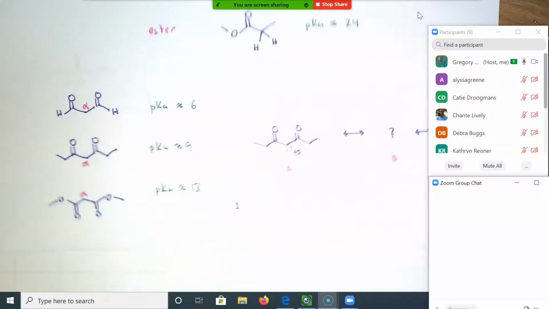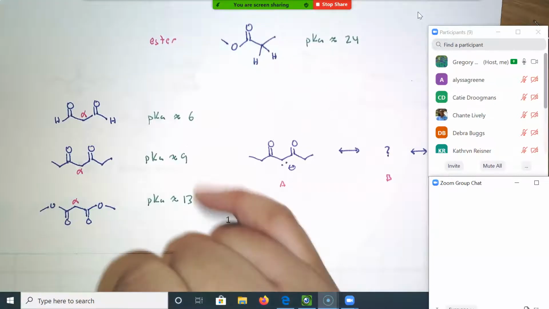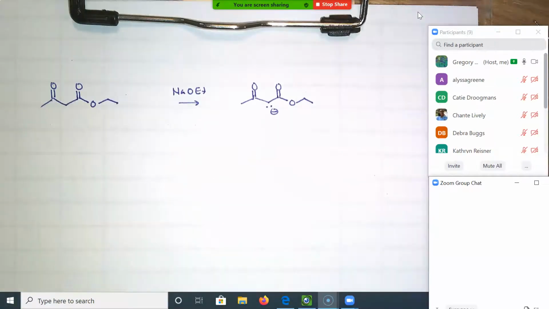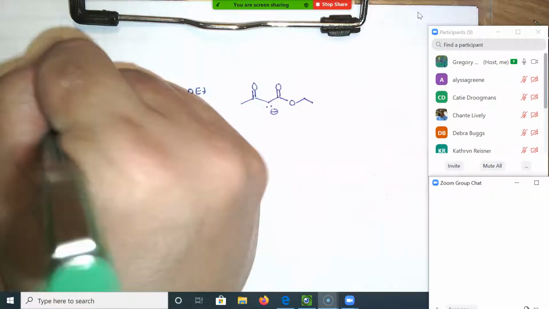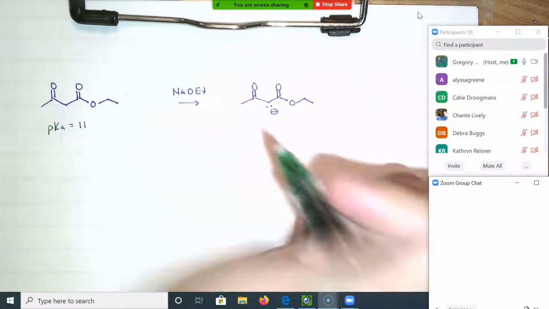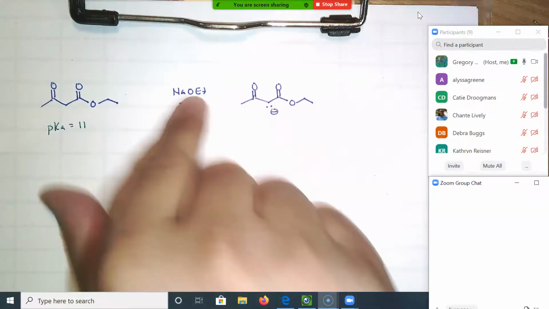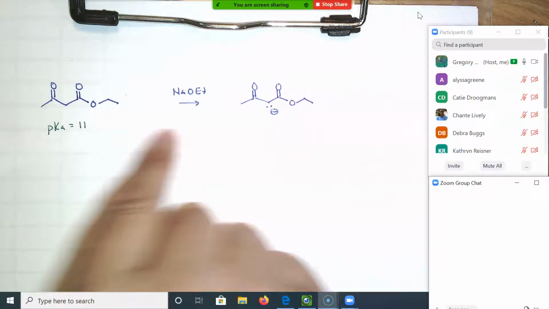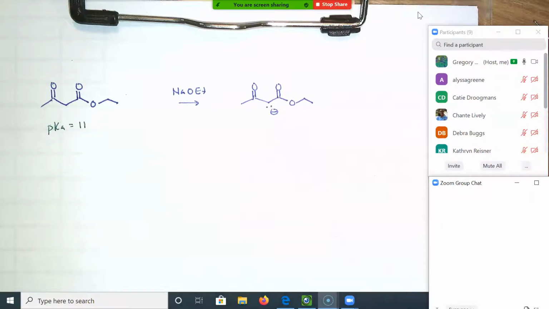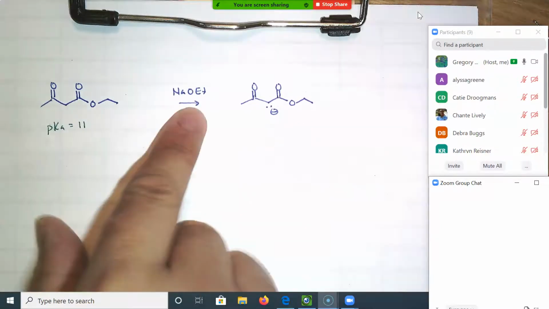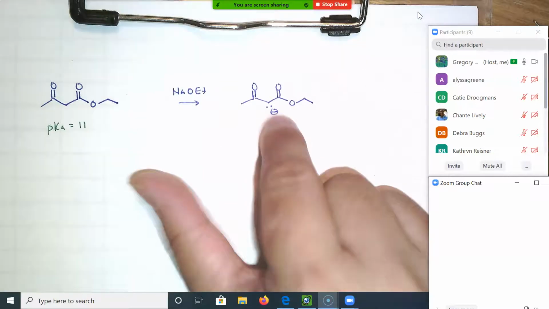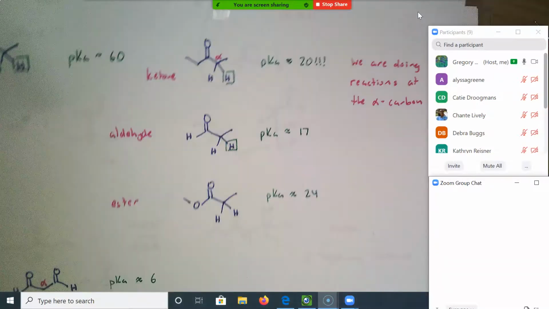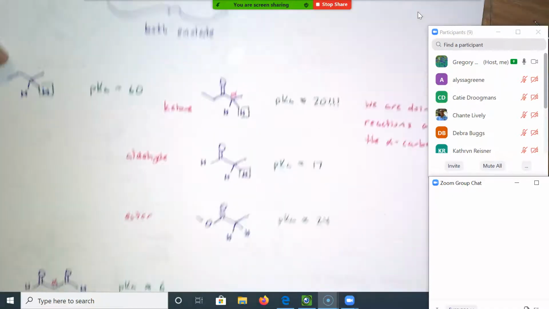So probably halfway in between these two, 9 and 13. We're going to say this is a pKa of 11. The thing is, the pKa of alcohol is 15. So equilibrium does favor this side. So technically, with this base, we get 100% of the anion. That doesn't happen if you use NaOEt for any of these 3.